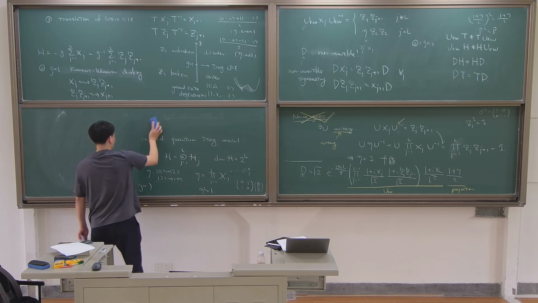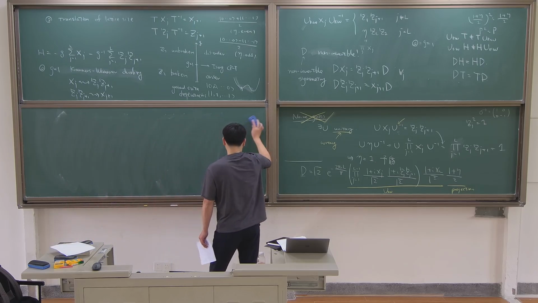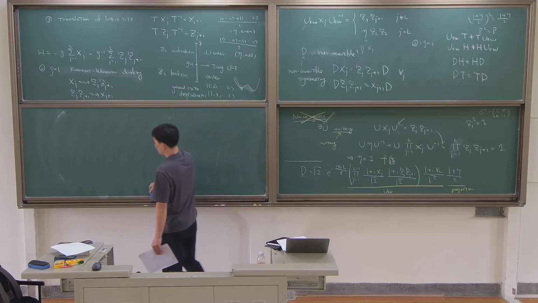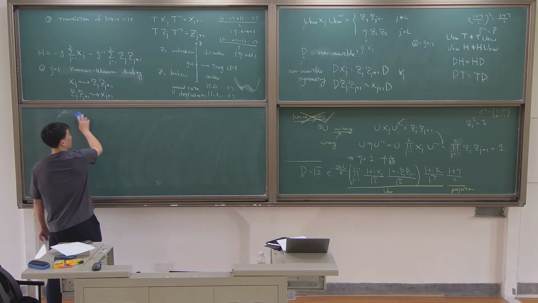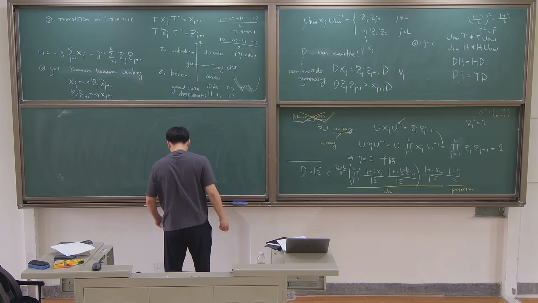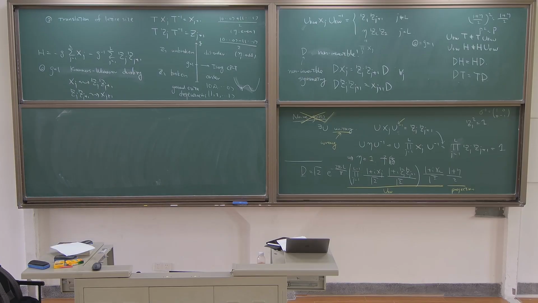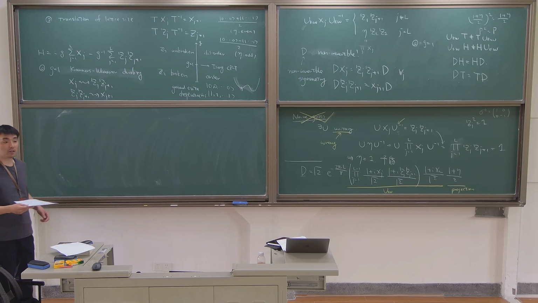This was introduced around 2020, I don't remember exactly. In the past 5 years, it was intensely studied by the community. But this is the simplest example of non-invertible symmetry. You can see it in the Ising model.